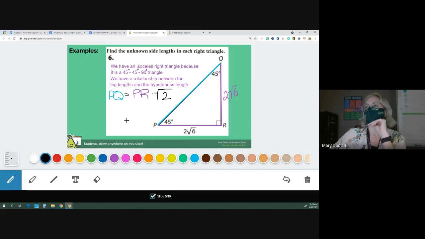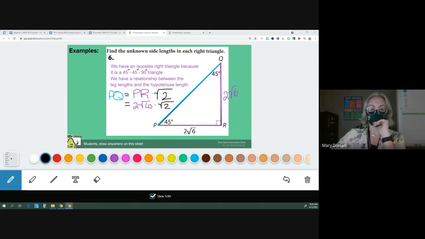And so we're going to substitute in what we know, which is PR. PR is 2 times the square root of 6. And so PQ is equal to 2 times the square root of 6 times the square root of 2.